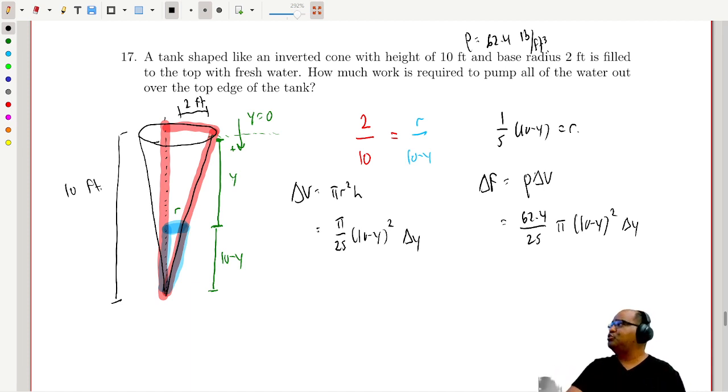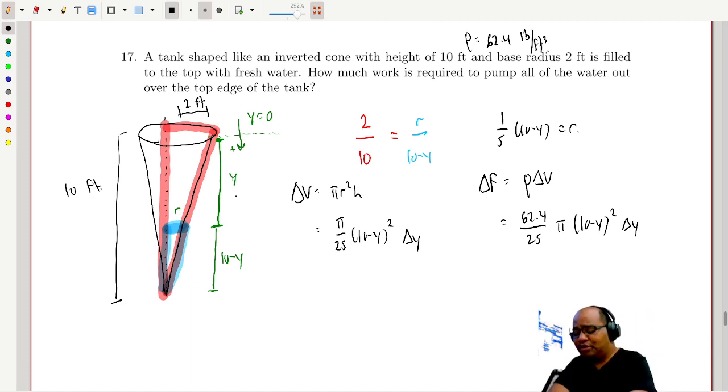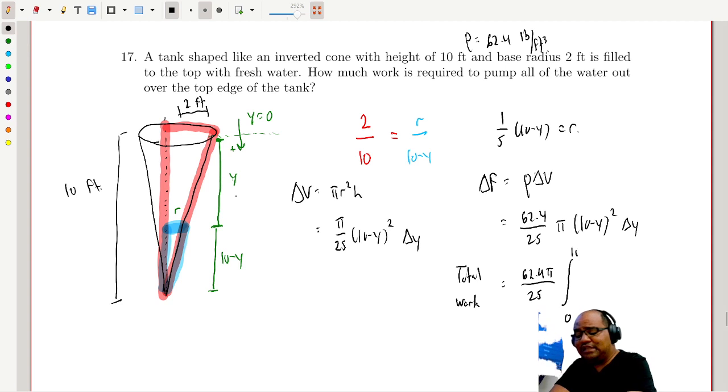In this picture, it's y. And so the total work needed is an integral. So 62.4 pi over 25 times the integral from 0 to 10, because this is full of water. The distance is y, and then the remaining part of the force function there is 10 minus y squared dy.